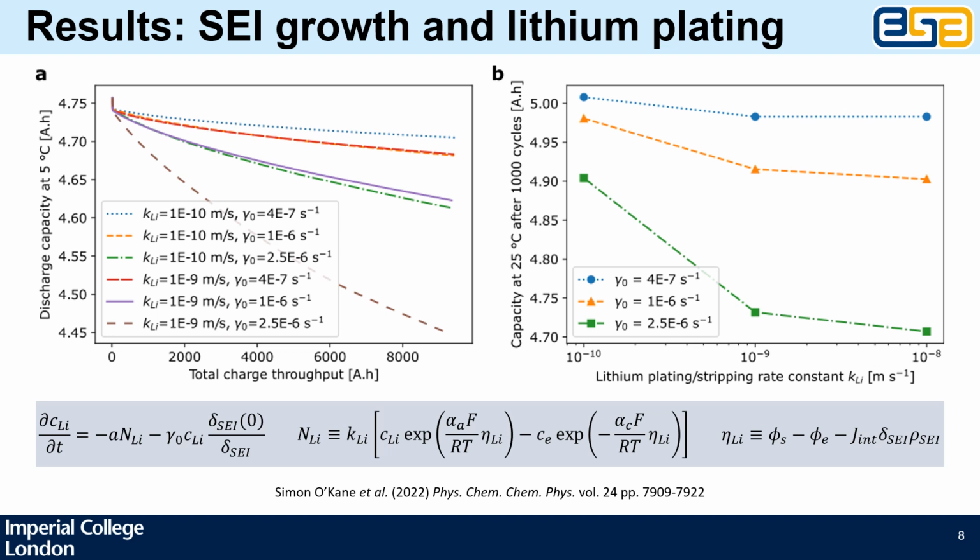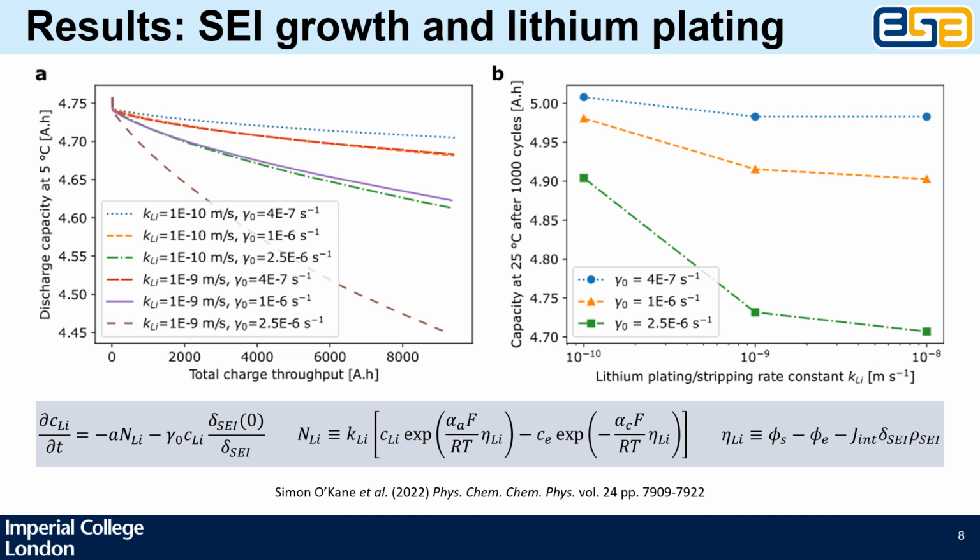On the left is your usual plot of capacity versus charge throughput, but that doesn't tell us very much. It's a very crowded plot. So on the right are what happens after the 1,000 cycles when you turn the temperature back up to 25 degrees. And that shows a much clearer picture.